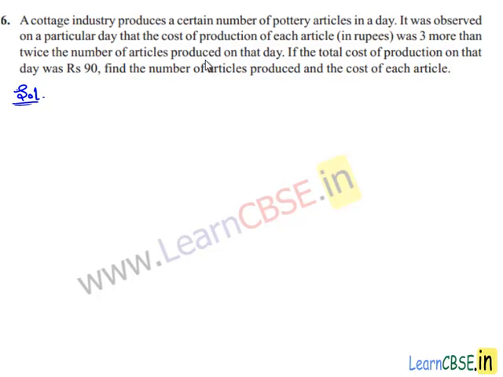Assume number of articles produced on that day is equal to x. Cost of production of each article is equal to 3 more than twice the number of articles produced.